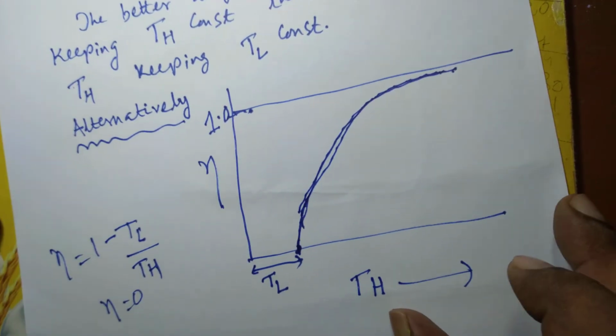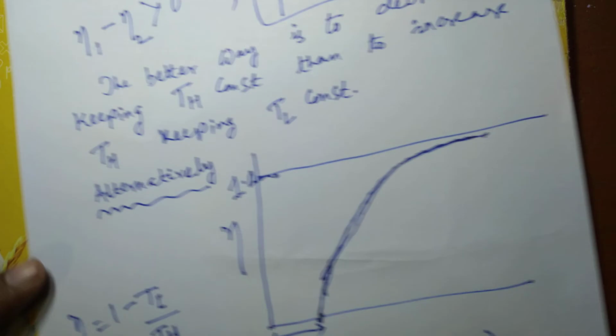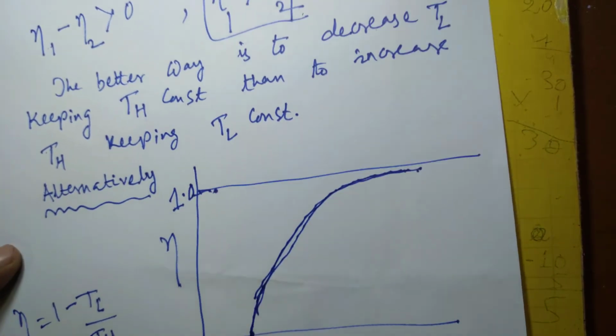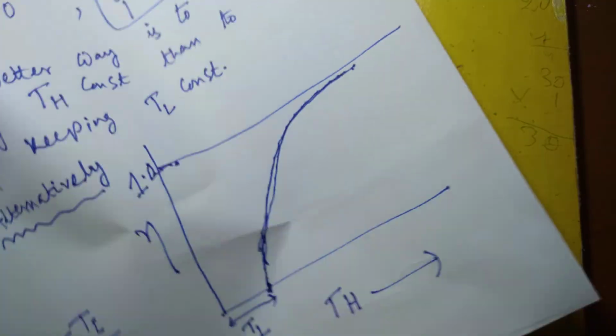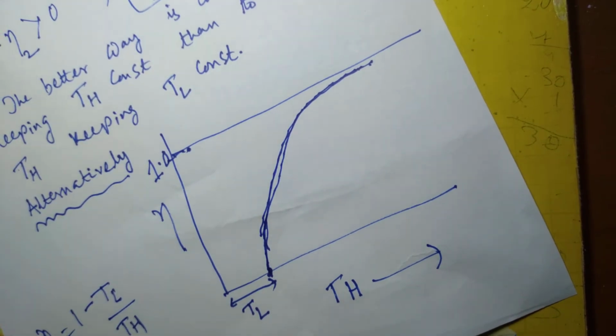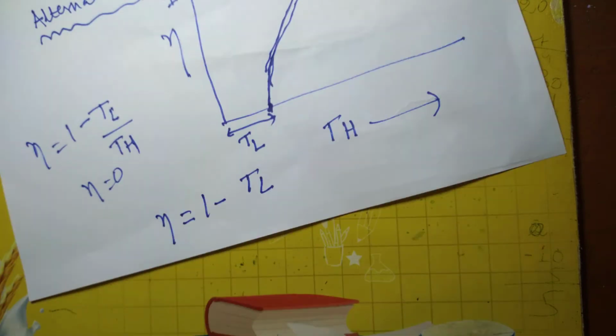How can we check that the slope decreases? Efficiency is equal to 1 minus TL by TH.